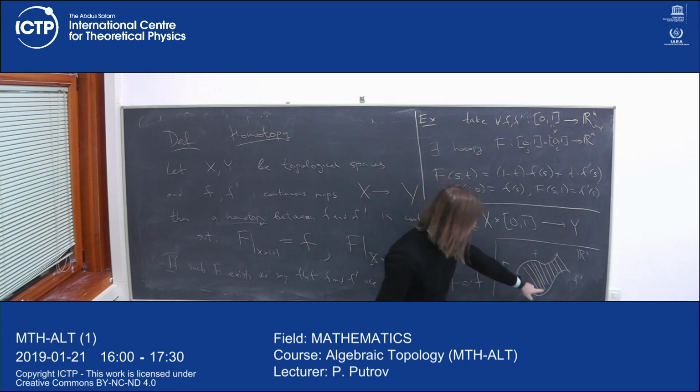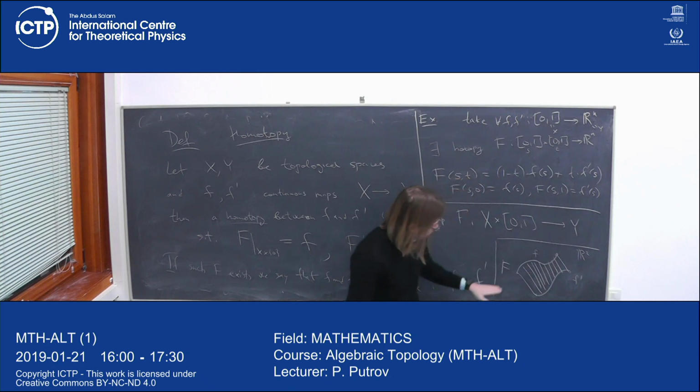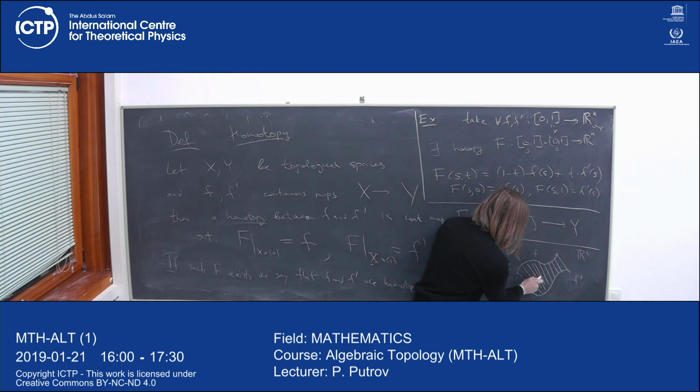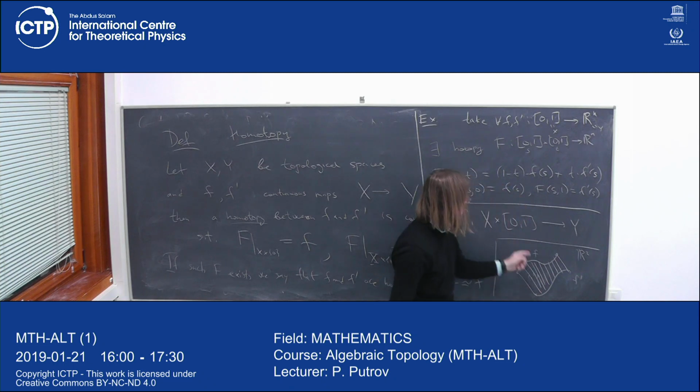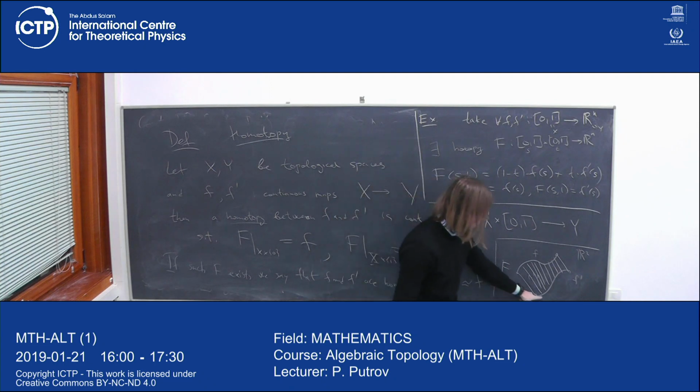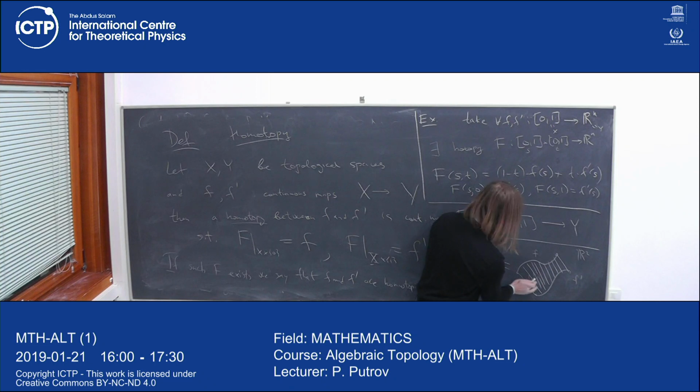The image of the square will be some sort of distorted square which spans between the image of f and f prime.